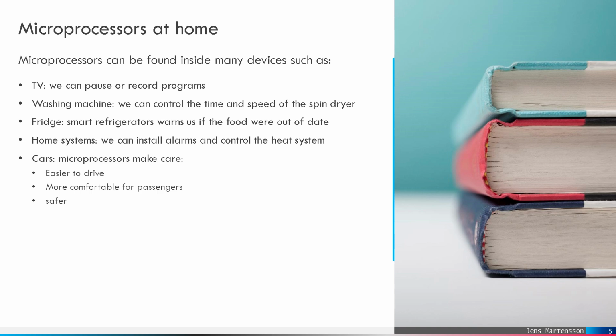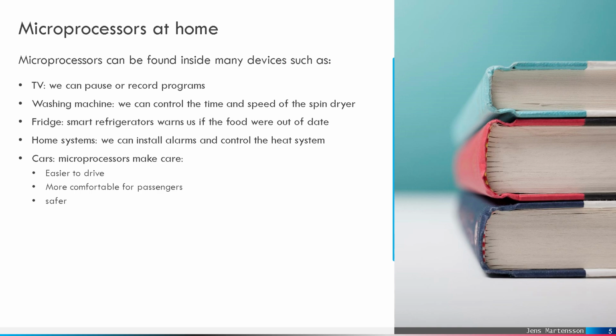Also, when we are washing our clothes inside the washing machine, we can control how much time we need the washing machine to work for our clothes, or the speed of the spin dryer.